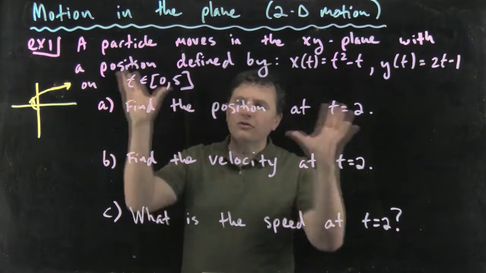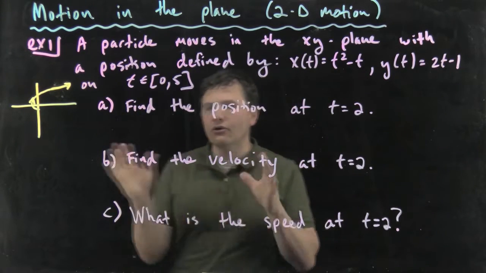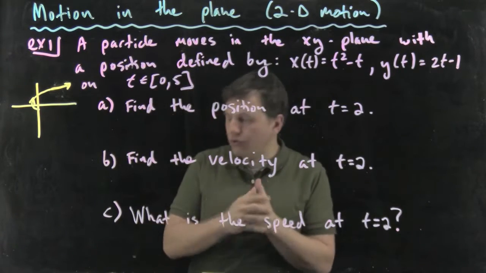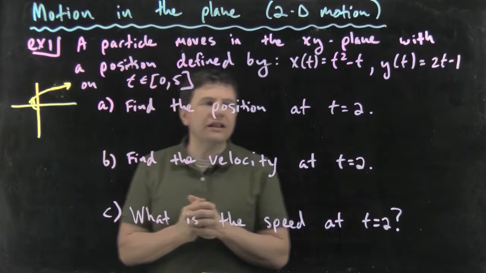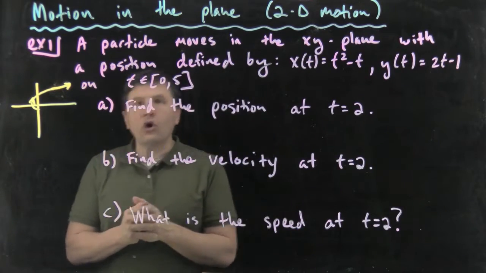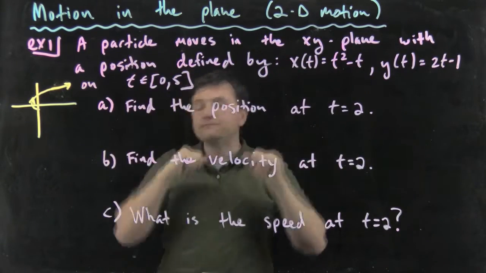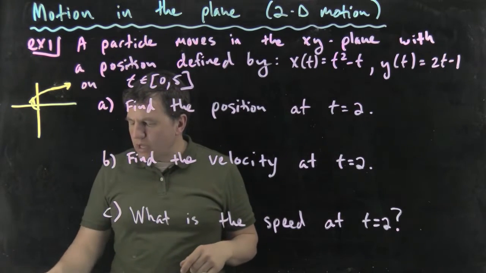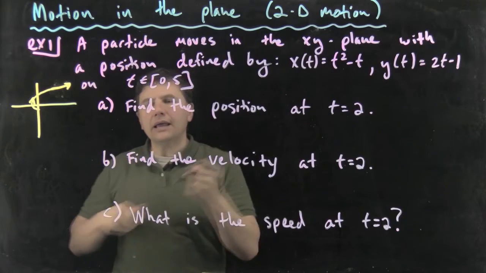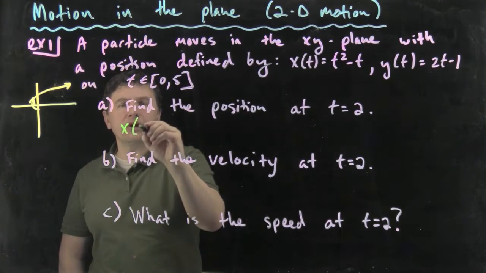This would definitely be a closed calculator scenario. There's no reason why you need a calculator here, so I'll do this closed calculator. Okay, so the first thing is we want to find the position at t equals 2. So since I'm given the position function, it's quite easy. I'm just taking 2 and plugging it into my parametric equation.